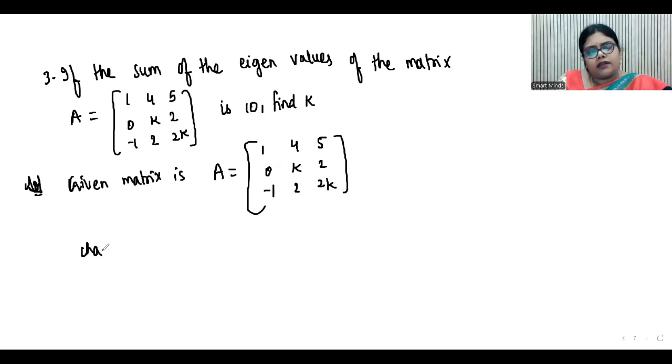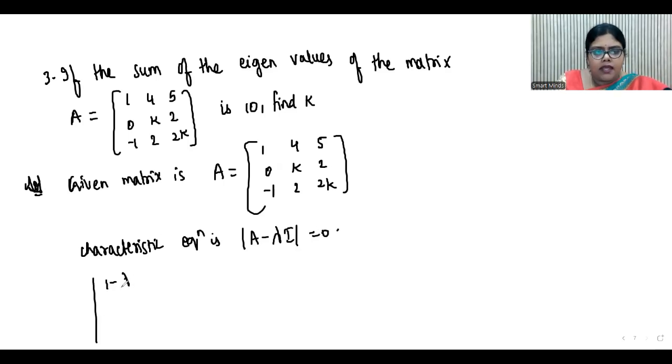Now what is the characteristic equation? Characteristic equation is given by the formula that determinant of A minus lambda I is equal to 0. So that is 1 minus lambda, 4, 5, 0, K minus lambda, 2, minus 1, 2, 2K minus lambda.